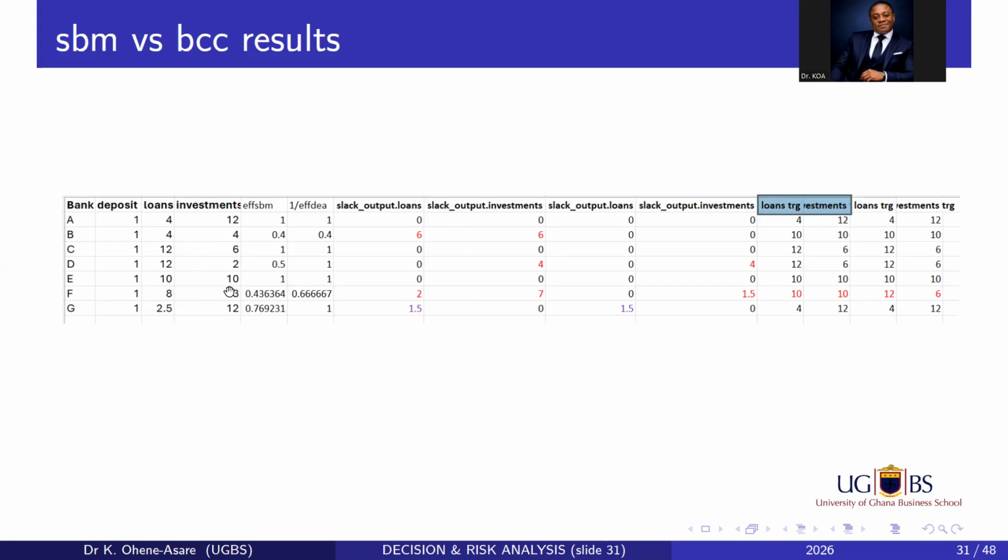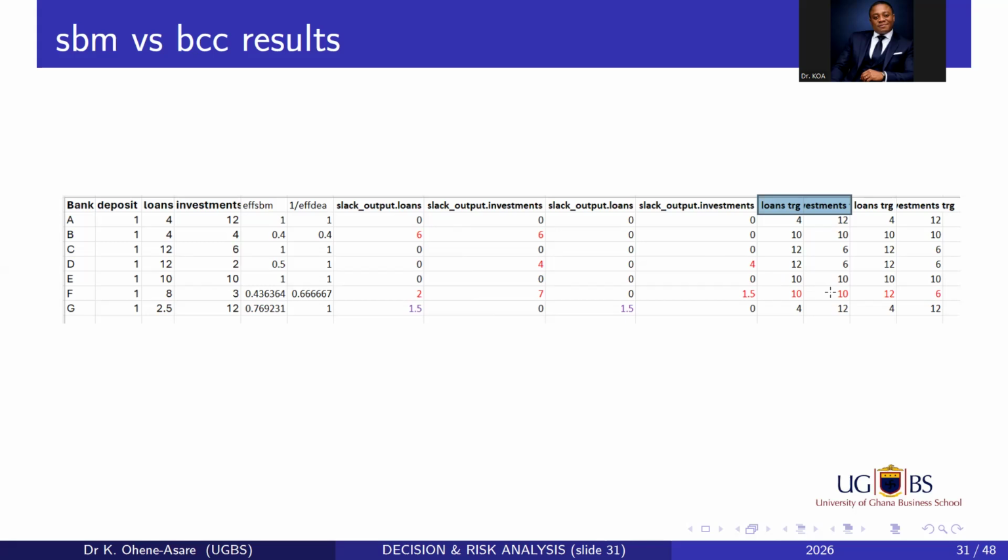And then when you look at the 3, it's supposed to go to what? 6. So another shortfall of 3. You add 3 to the 4, that is what? 7 million. But when you look at the slack-based one, when you add the 2 together, that is 9 million. So you can see that the slack-based measure is telling Bank F to do more.